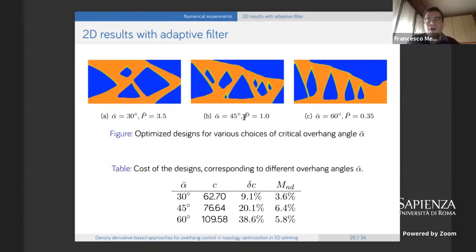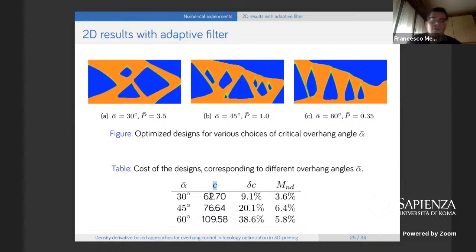At this point, however, we also wonder if we have some advantage with respect to using also the PUP constraint with large filter radius everywhere. And basically this question is answered in the table. Here, C denotes the final value of the cost for the three represented designs.